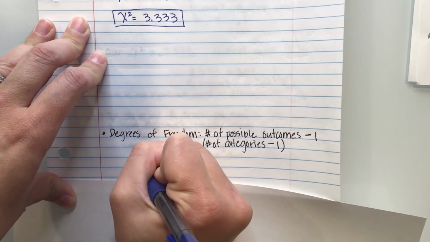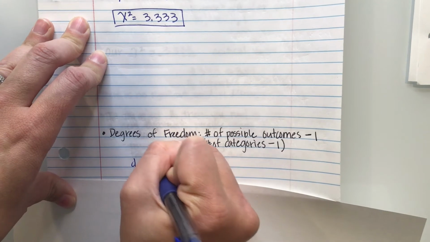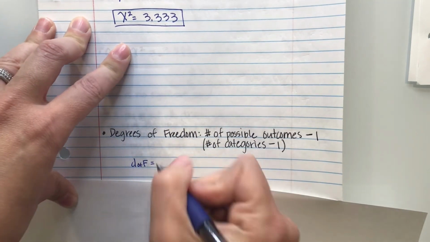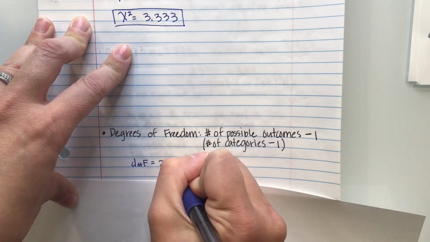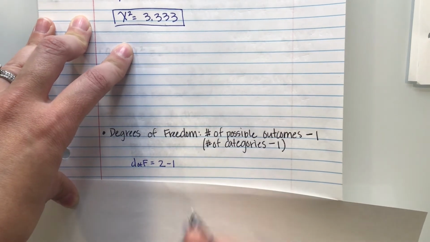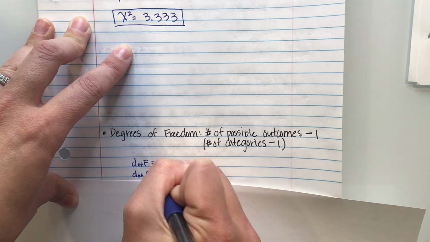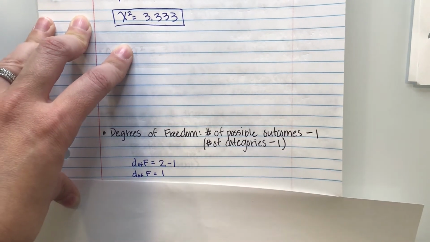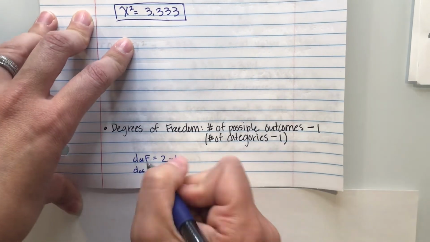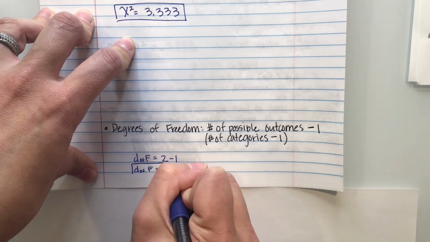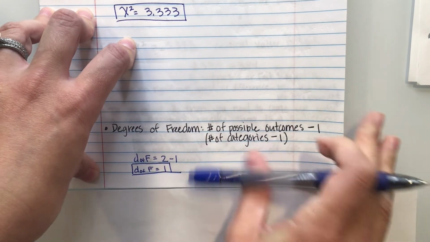So our degrees of freedom would be that we had two possibilities and we subtract 1. So that means our degree of freedom is equal to 1 for this experiment. I'm going to go ahead and box that.